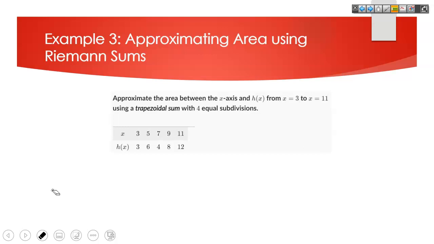Trapezoid, 4 equal divisions. So what makes equal nice is equal means you can factor out the h. So that means when you do your 1/2, all of these are the same. So you can bring out, see if I can, yeah.